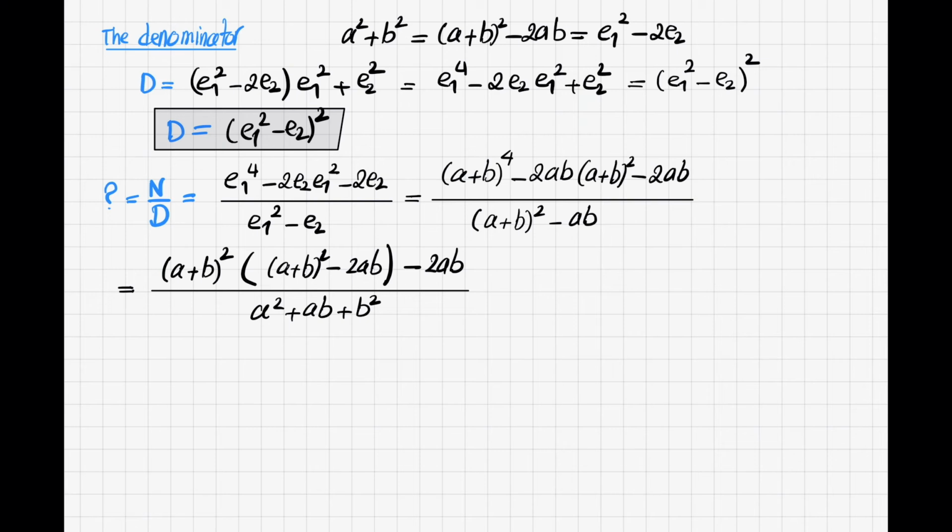Okay, but then this one gives me a squared plus b squared plus 2ab. That 2ab and this negative 2ab are gone, and then in the first term I raise it to power 2, so it becomes a squared plus b squared plus 2ab multiplied by, as I told you, that a squared plus b squared plus 2ab and 2ab are cancelled, so I am left with a squared plus b squared, and then I have minus 2ab.